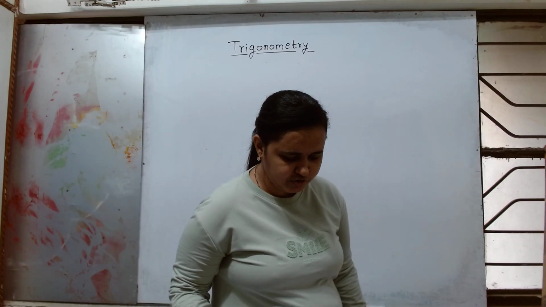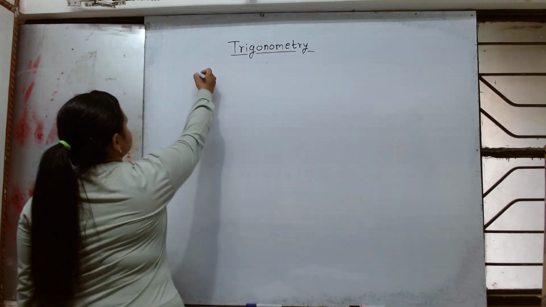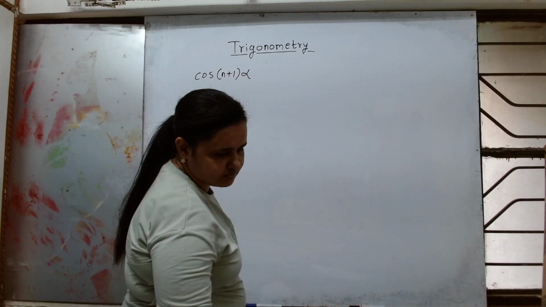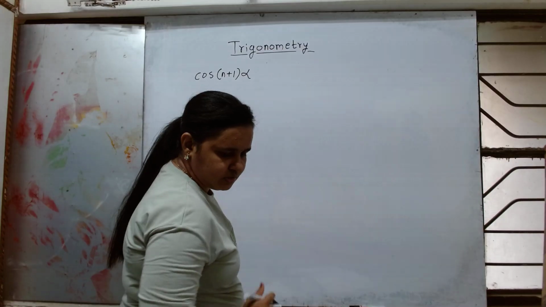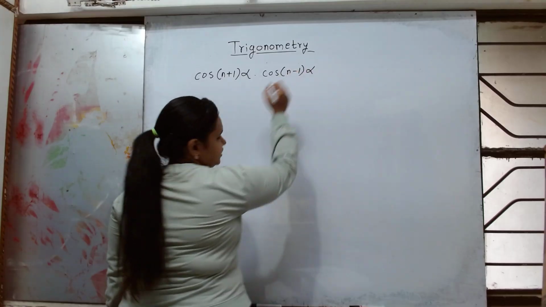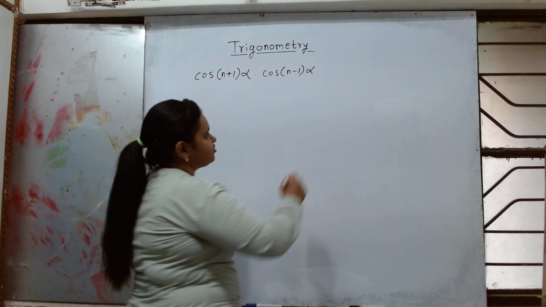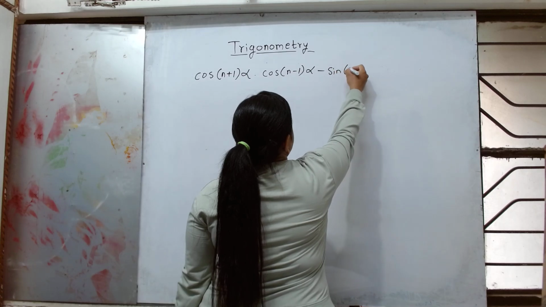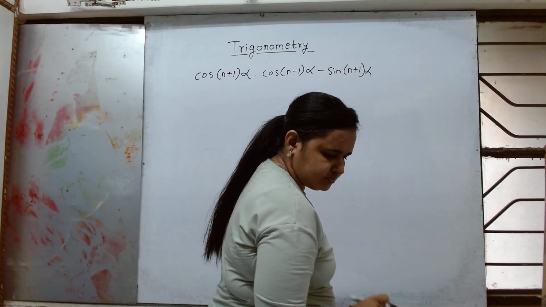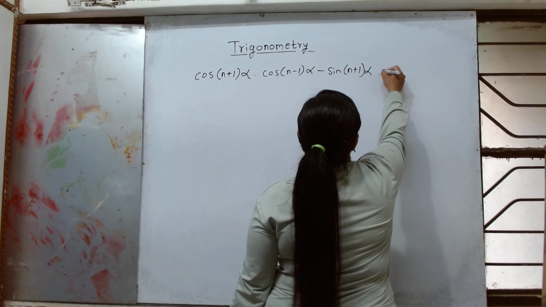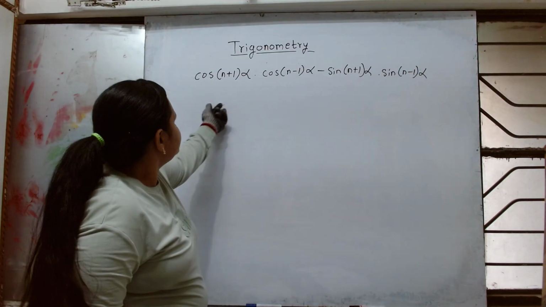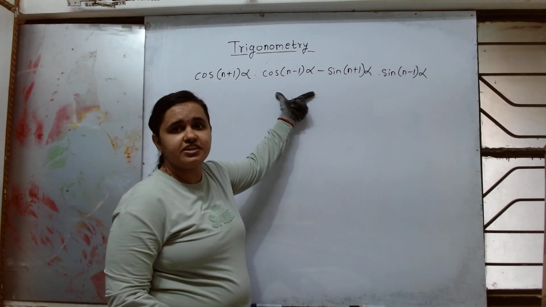First one is, find the value of cos (n+1)α into cos (n−1)α minus sin (n+1)α into sin (n−1)α. From this, do you remember something? We have to write the formula.